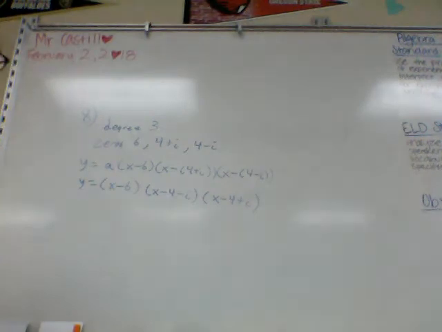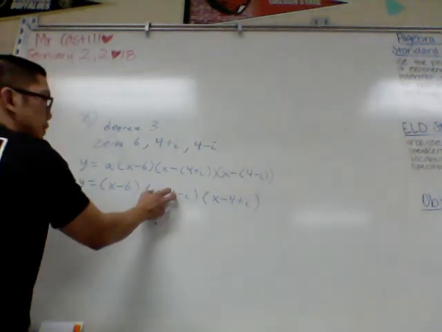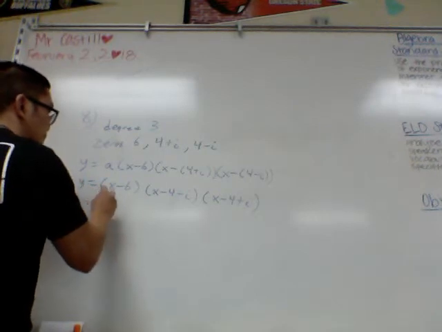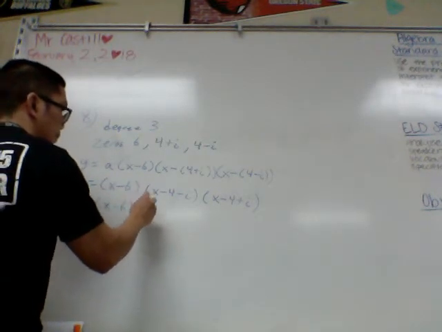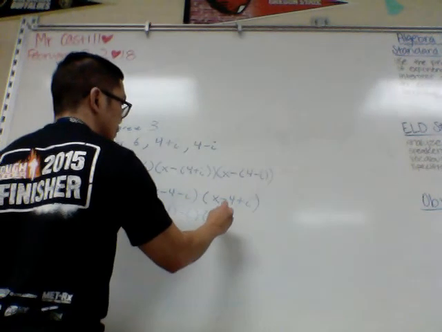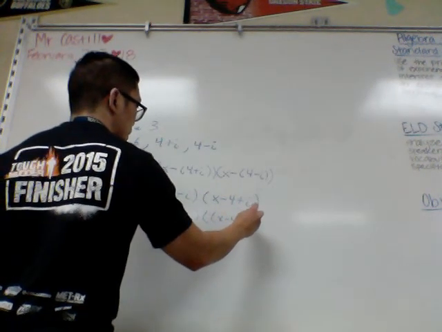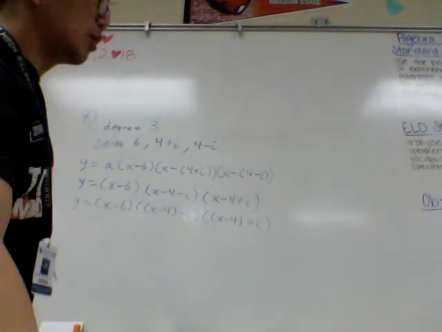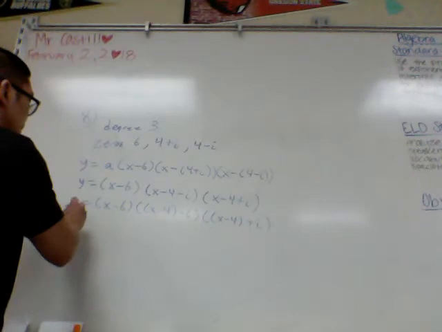And after I distribute the negative, then I could put parentheses around the x minus 4s. And so now we have a conjugate pair over there. Okay.